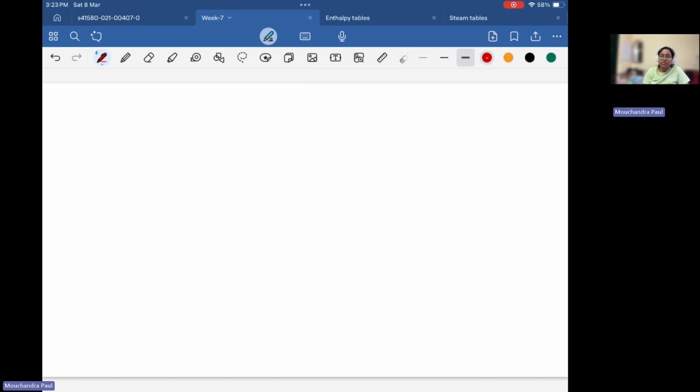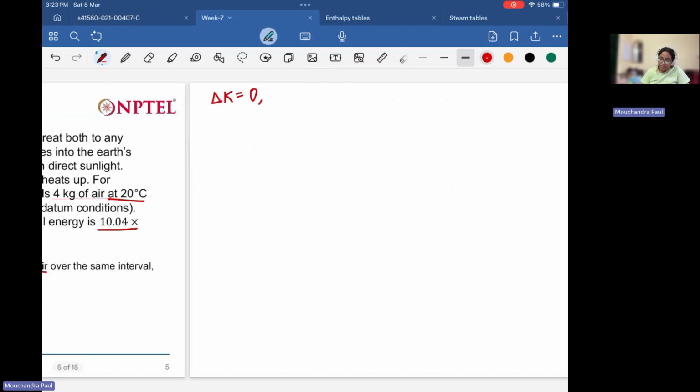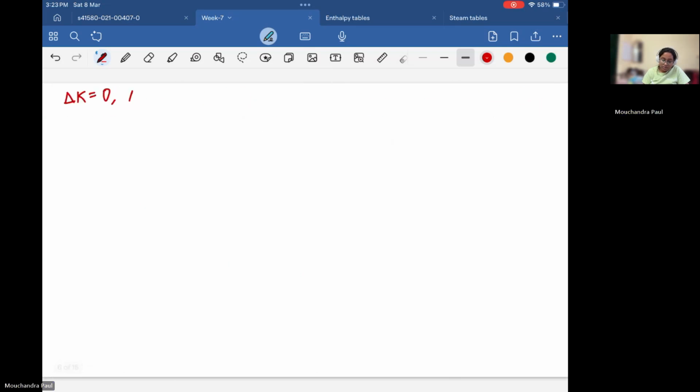In this question, first thing to note is the change in kinetic energy is 0, and also the change in potential energy is 0.